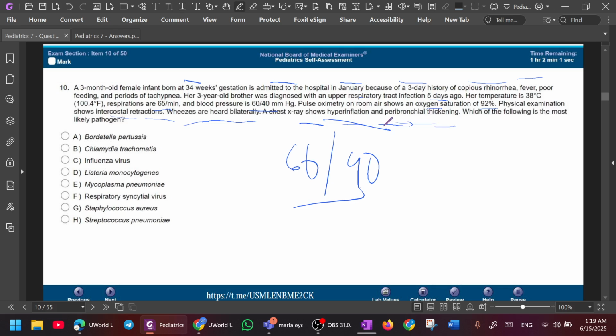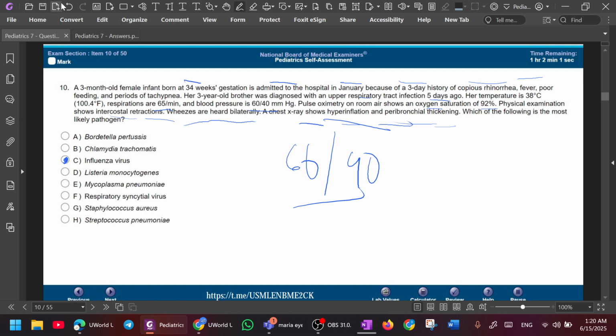Hyperinflation. She's 3 months. This is in January. Her brother had an infection too. Okay, so I'm in between influenza, RSV, strep pneumo.